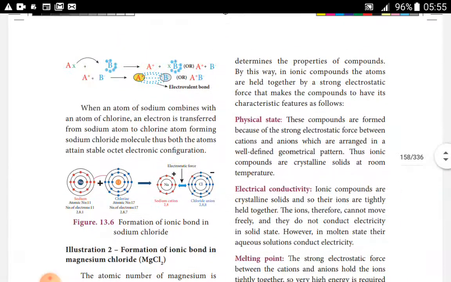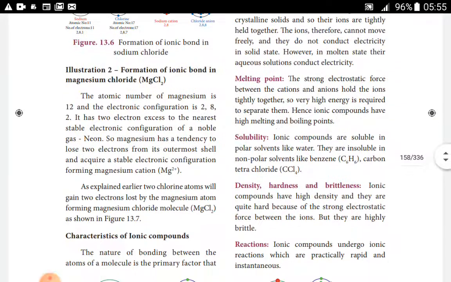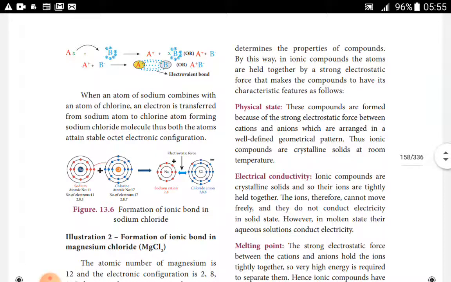And next we are going to study the characteristics of ionic bonds. The nature of bonding between the atoms of a molecule is the primary factor that determines the properties of compounds. In ionic compounds, the atoms are held together by a strong electrostatic force of attraction, between the oppositely charged cation and anion.